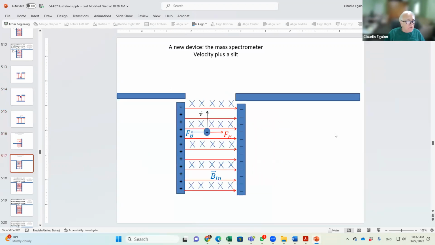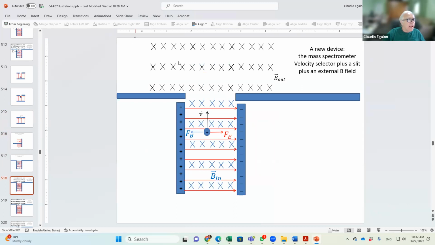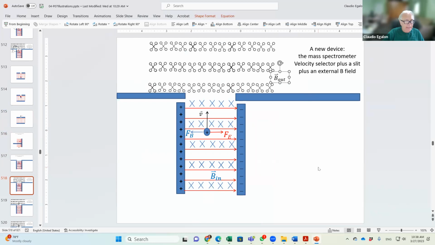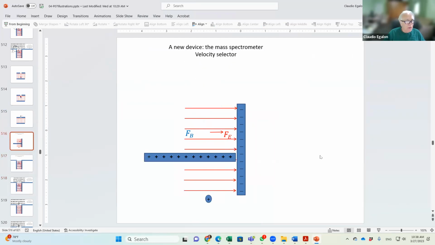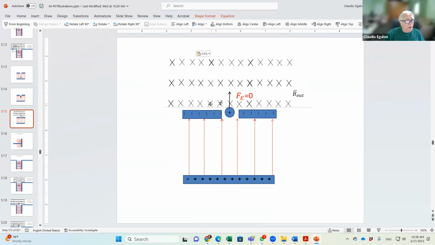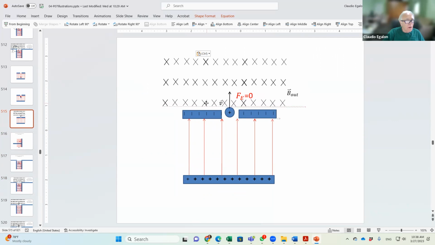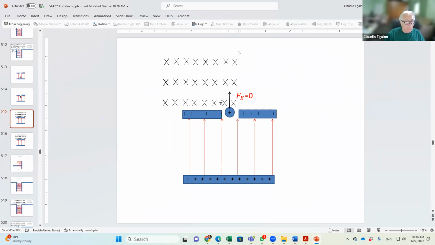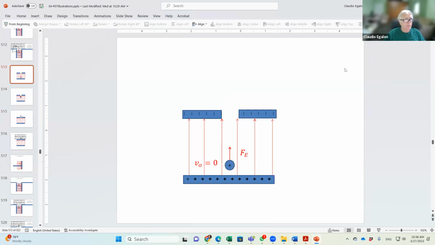Okay, and now in this outside region, we have this outside magnetic field. At rest, it starts accelerating.